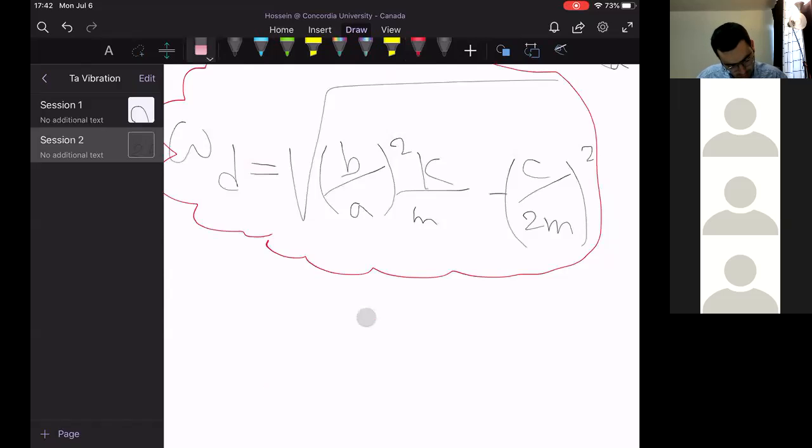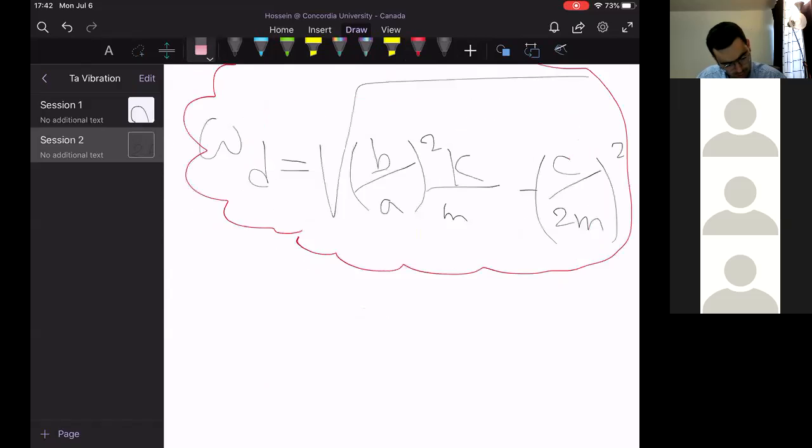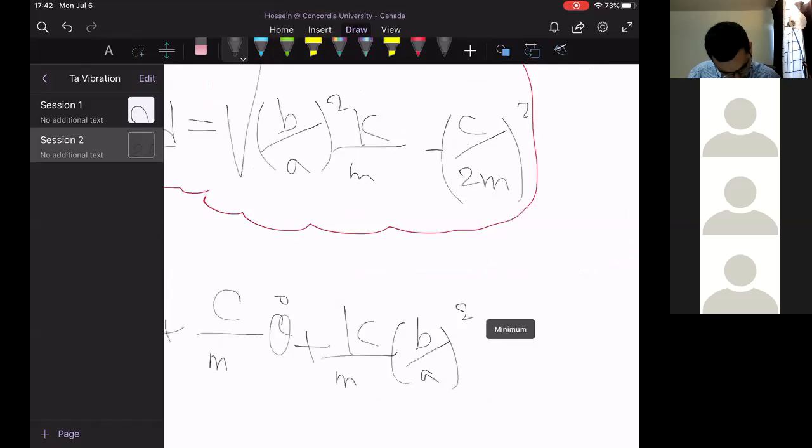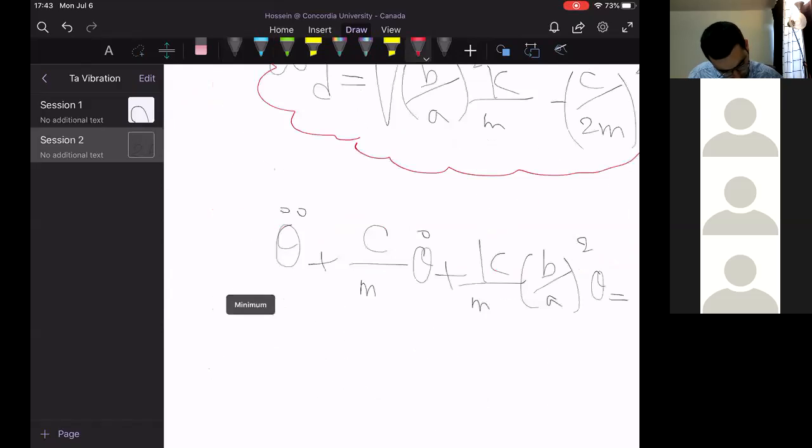So this is omega d, right? This is the final answer for omega d, and the equation of motion is theta double dot plus C over m theta dot plus k over m times b over a squared theta is equal to 0, and this is the final equation of motion.